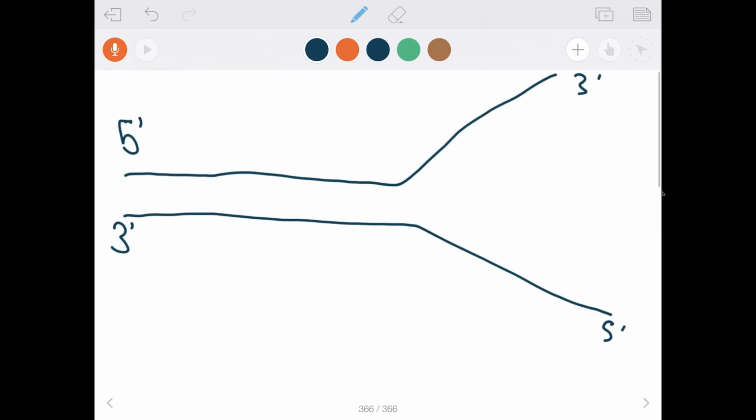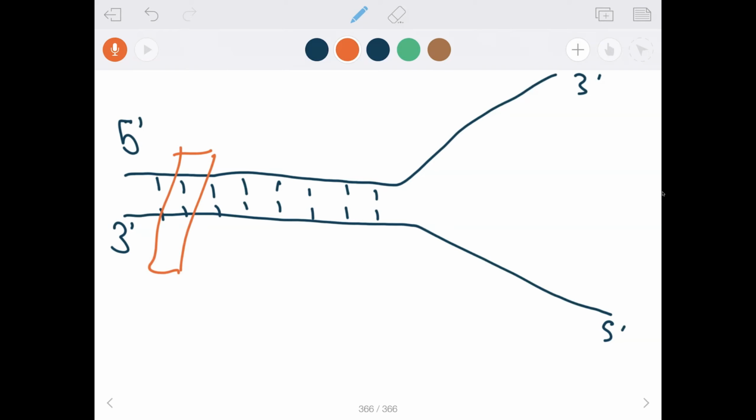All right, so let's get back to this. This is our bacterial chromosome, but notice what has happened. There has been an enzyme that has unwound the DNA. DNA is in a supercoil, right?